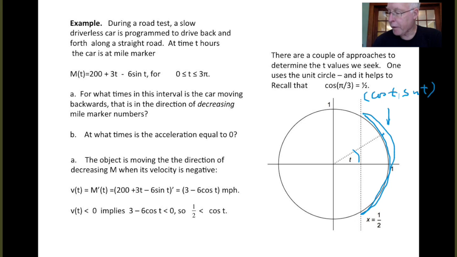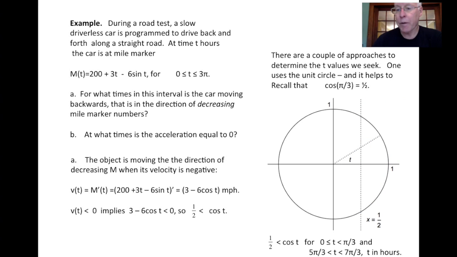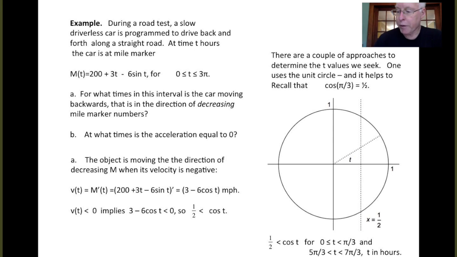Now, we mentioned that cosine of pi over 3 is 1/2, so if we draw the angle from here up to this point where the line intersects the circle, this will be an angle of pi over 3. And so that'll help us come up with a way to write the solution. First of all, remember we're dealing with angles between 0 and 3 pi.